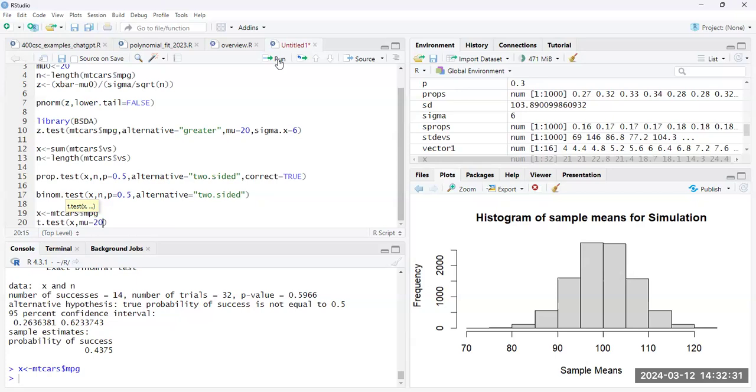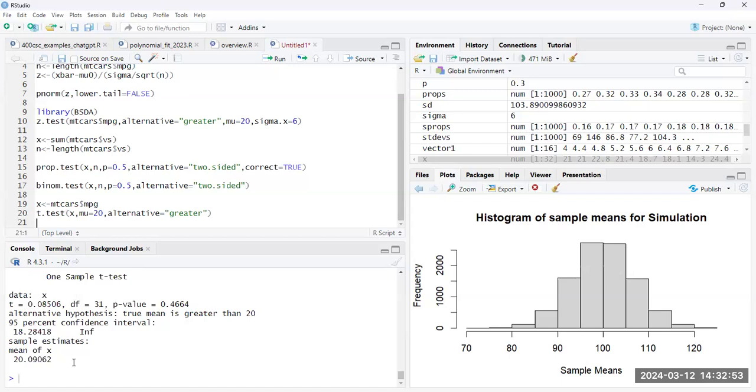So I'm going to do the same test that I did for the z-test, and I'm going to test the alternative equals greater. And again, you can do less as the other alternative. But since I know from previous videos that my mean is in fact slightly bigger than 20, greater makes more sense. And when you run this, you're going to get an output for your one sample t-test.